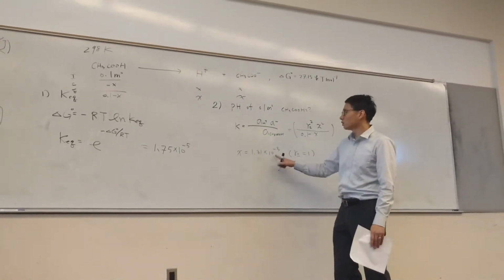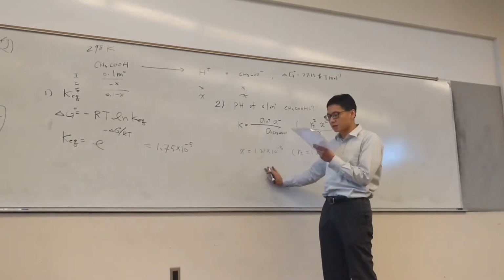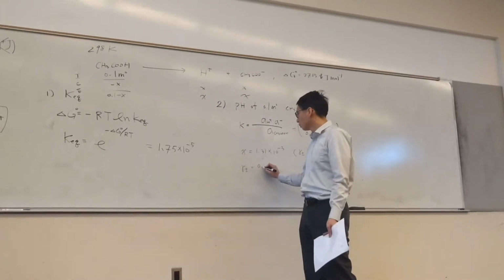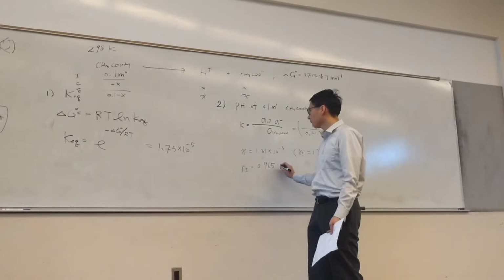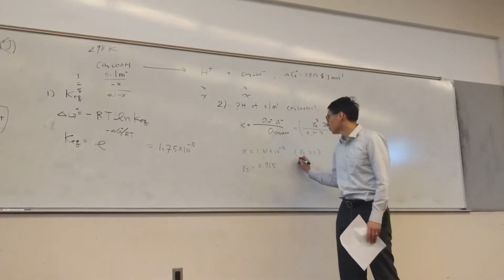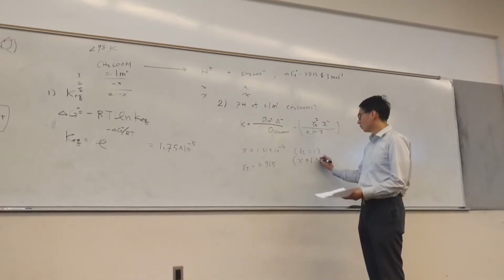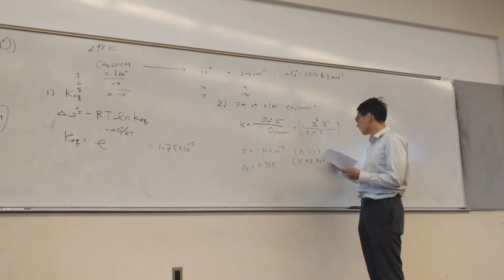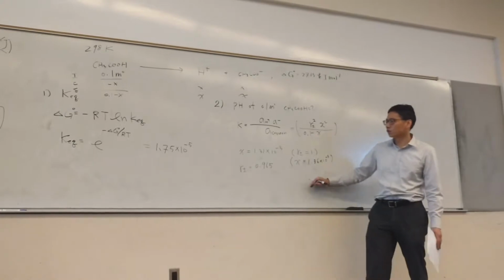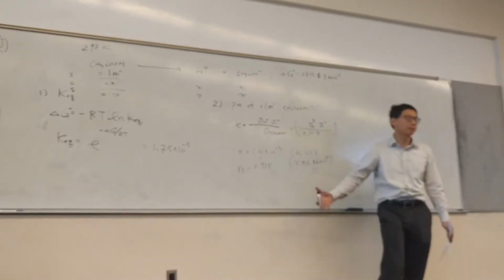And then once you have this one, you can recalculate your I, and then recalculate your gamma plus minus. What you're going to get is gamma plus minus equals to 0.965. So you put this 0.965 back to here, recalculate your x, then your x is going to equals 1.36 times 10 to the negative 3. And of course, you can go back and do the calculation of your gamma plus minus, and it's actually equals to that again. So you stop.